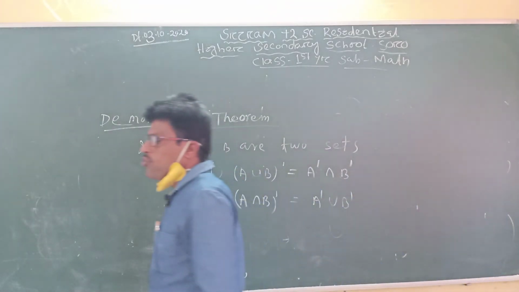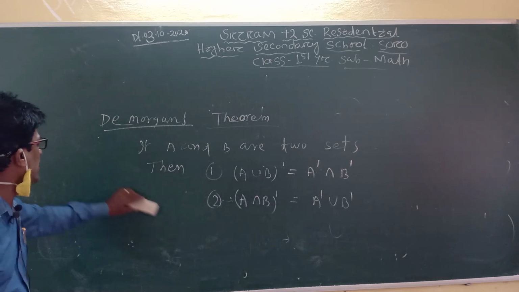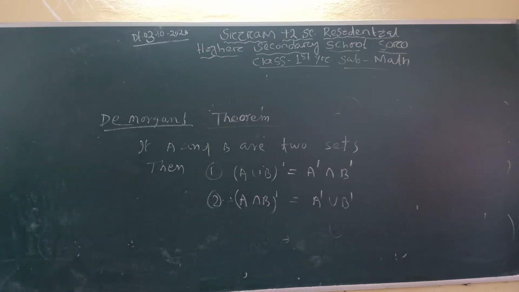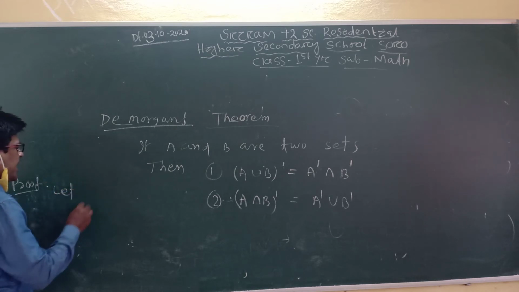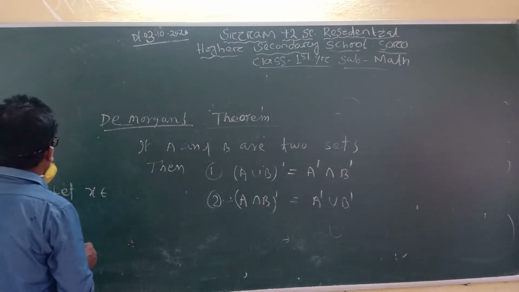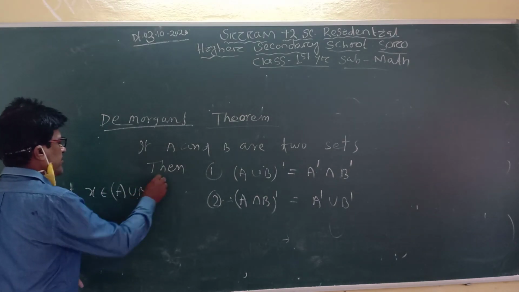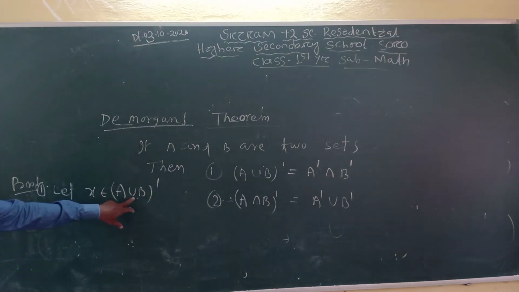Okay, now how to prove it? Proof of the theorem. Let us take the first proof, part one. From the LHS, take x belongs to (A union B) complement.